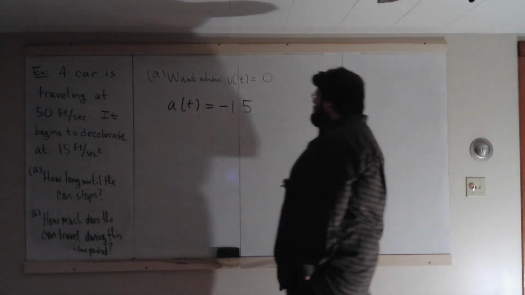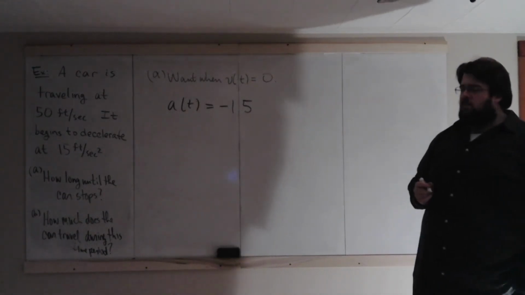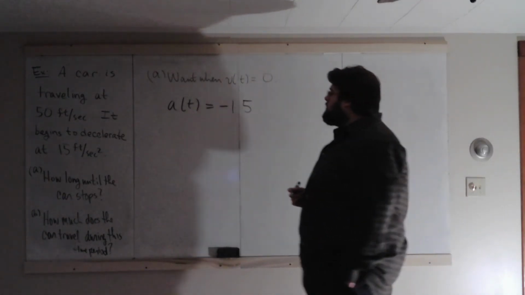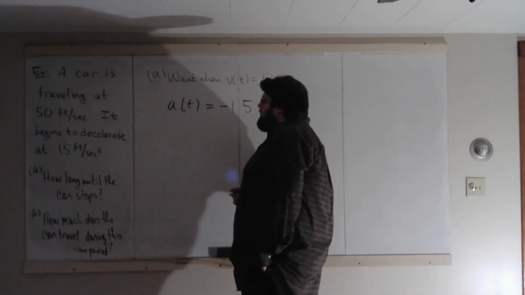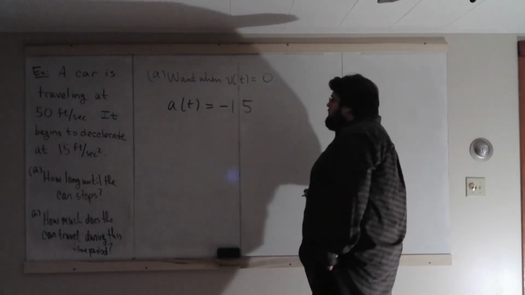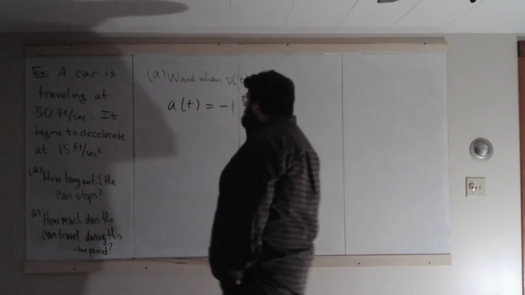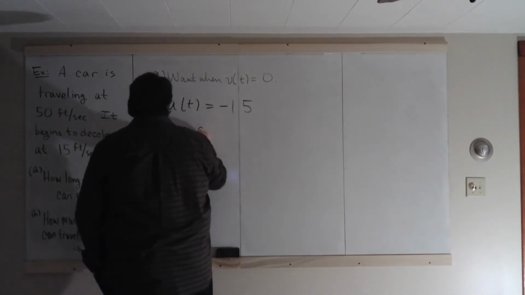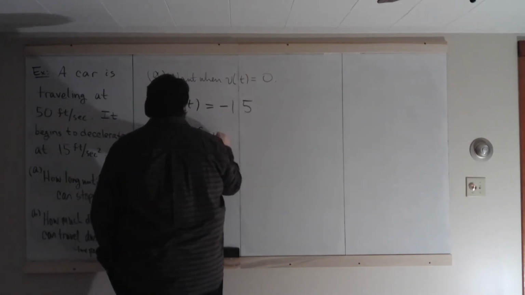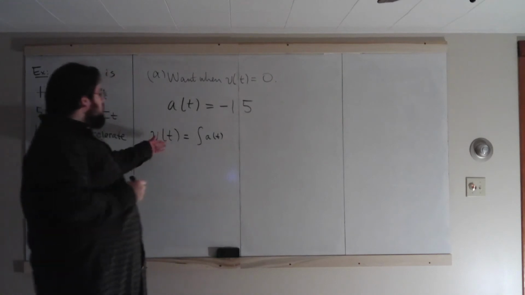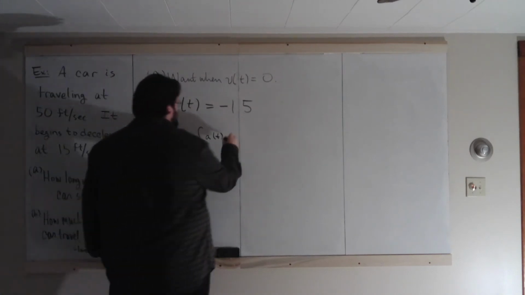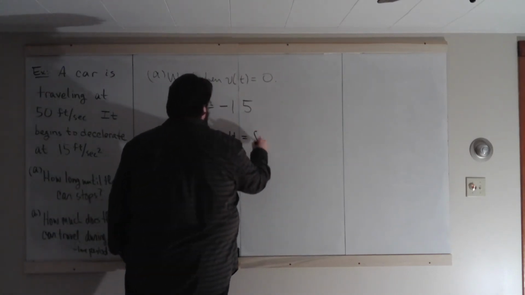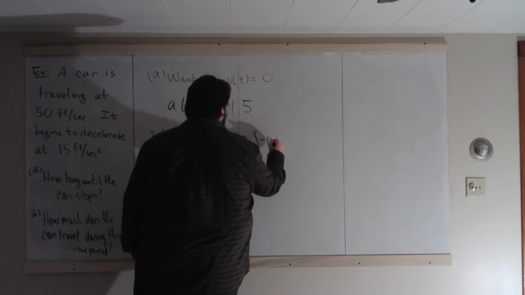So the acceleration function is negative 15, decelerating. It's going slower at a faster rate. So a of t is negative 15. Well, we can use that to find velocity. Velocity is the integral of acceleration because the derivative of velocity is acceleration. And that equals the integral of negative 15.